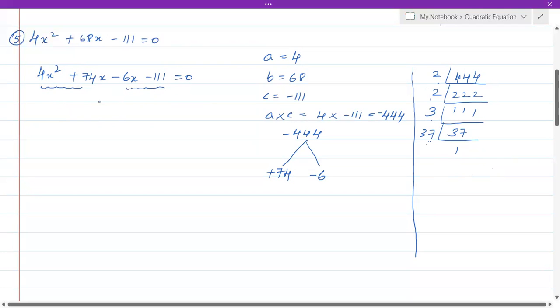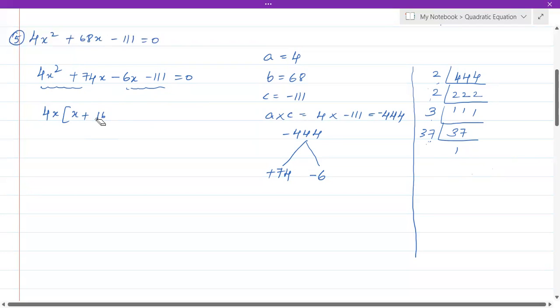4 and 74. Which is the highest number that divides 4 and 74? It is actually 4 itself, isn't it? So you can take 4 as common. Between x square and x, x is common. So what is left out? x plus 4 into what gives you 74? 4 into 16, isn't it?